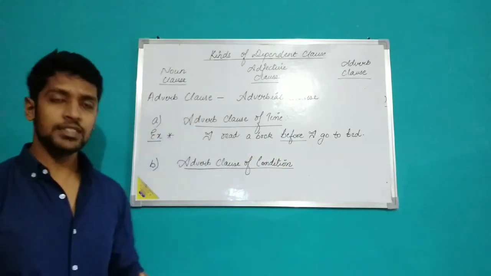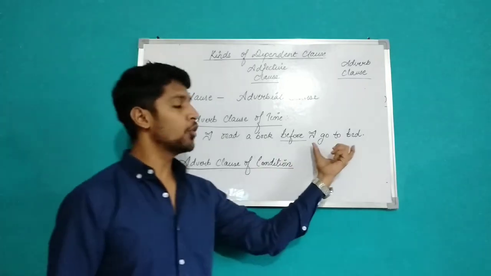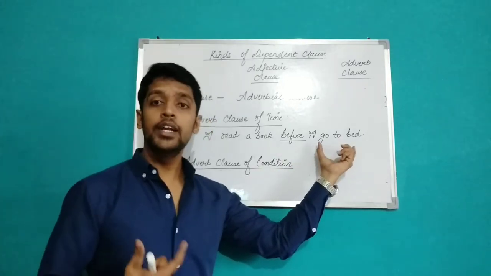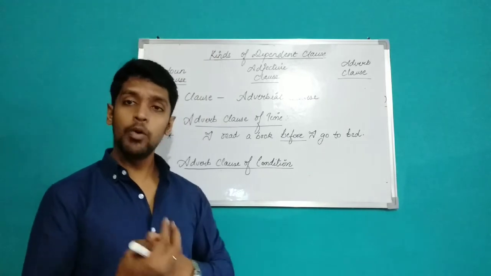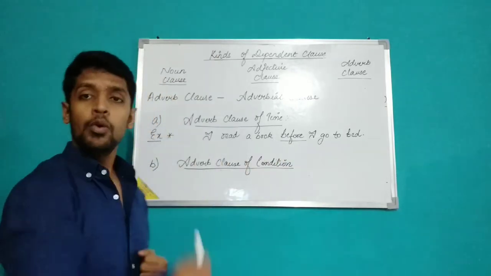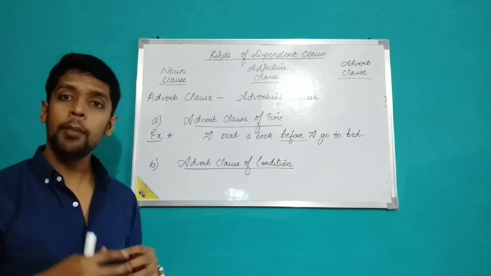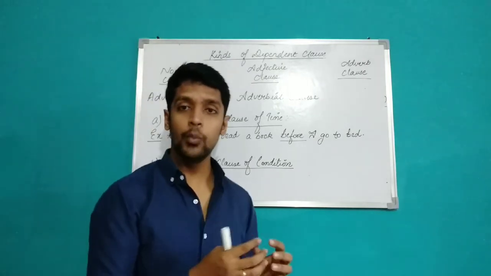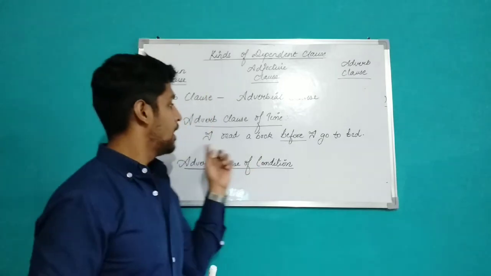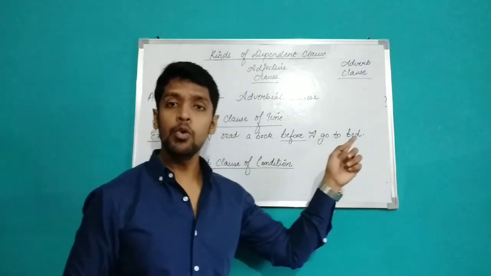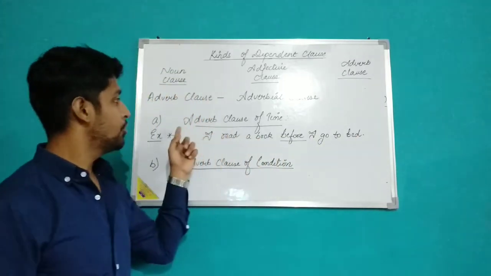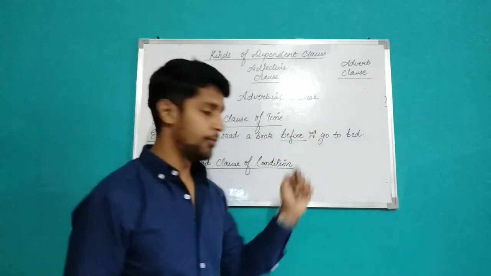If you read the sentence, here I am telling about my activity, reading a book. When do I read a book? Before I go to bed. So here I am mentioning the time at which I read the book. I read a book before I go to bed. So it is an example of an adverb clause of time.